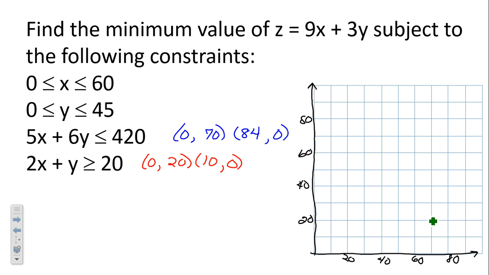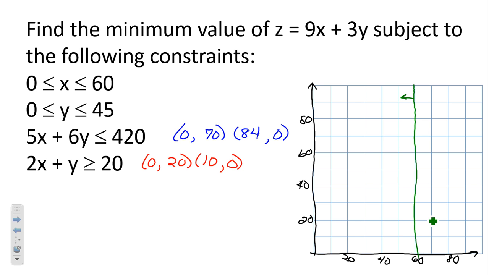Now, this first inequality is saying x has to be between 0 and 60. Bigger than 0, less than or equal to 60. So between 0 and 60, we would have a solid line, and we know we're shading to the left.